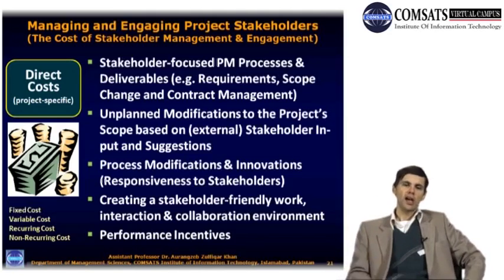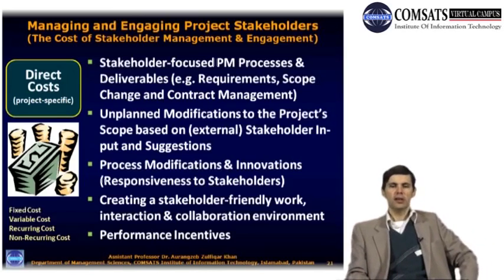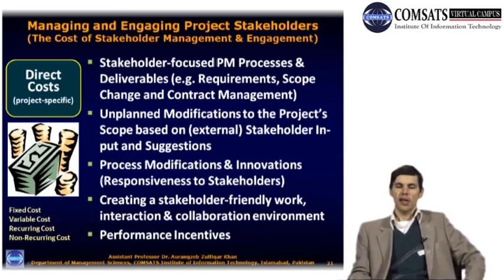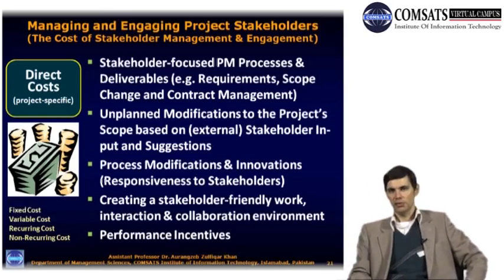All these could be coming under the category of direct costs, which are project specific, in order to properly manage and engage your stakeholders and try to accommodate their desires and their needs, maybe. So costs are there, and these costs can be quite substantive. On the other hand, as I pointed out, the benefits which are resulting therefrom also can be quite substantive.